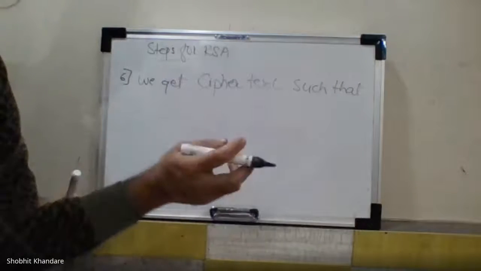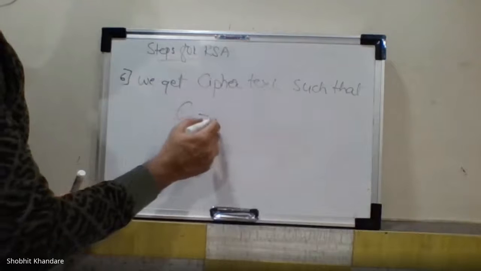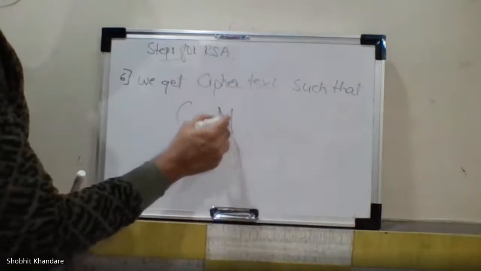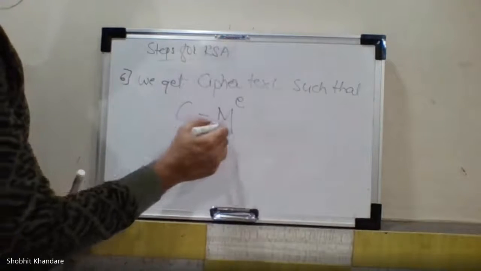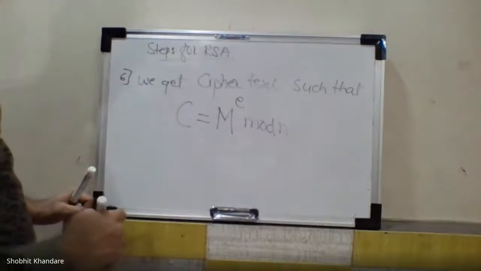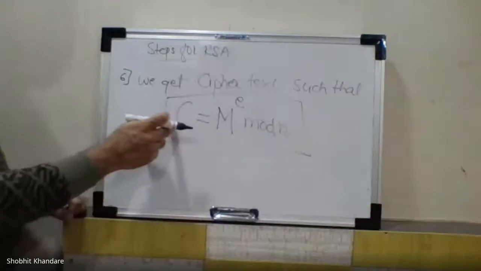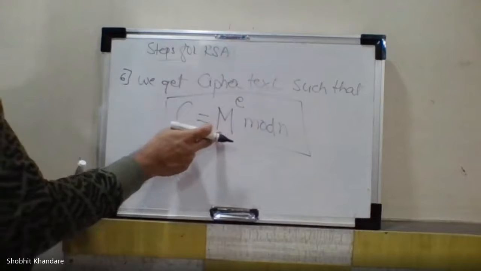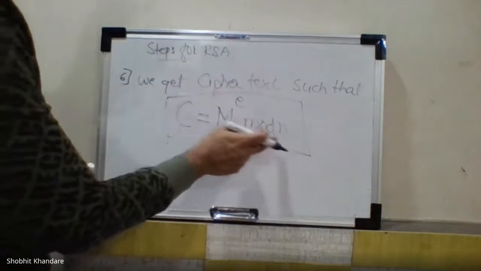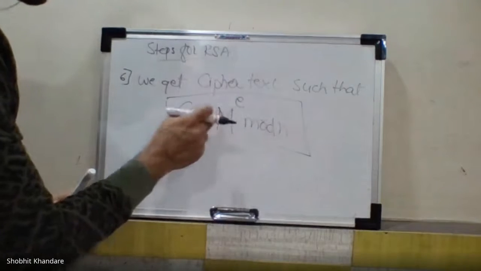see here, how do you get the ciphertext? Such that C, capital C, is equal to capital M to the power of e mod of n. We get the ciphertext such that C is equal to M to the power of e mod of n. So we know n, we know e. What is M?